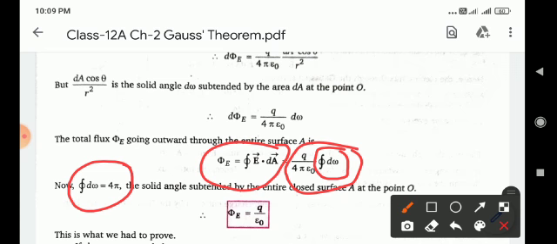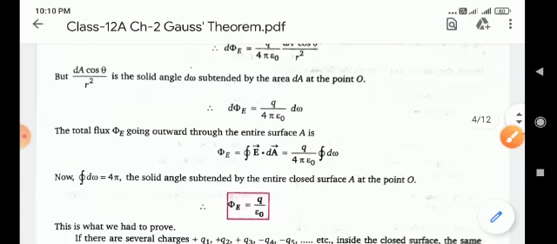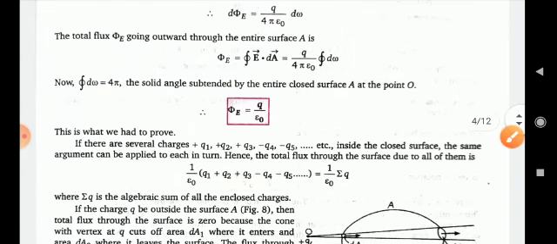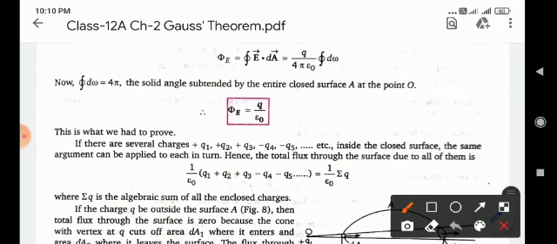The solid angle subtended by the entire closed surface at a point O is 4 pi.